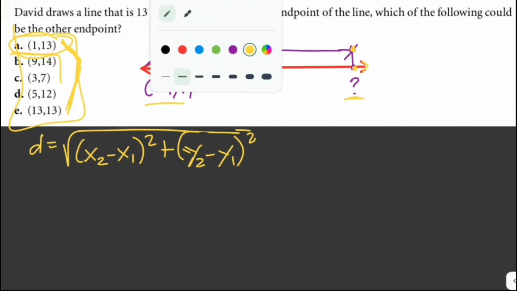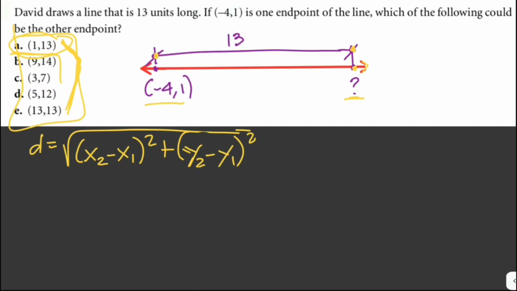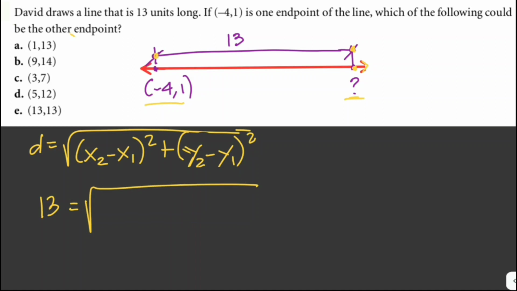So let me show you this one, letter A. So that would be 13 equals the square root of x sub 2. Okay, so we have 1 and 13 here.